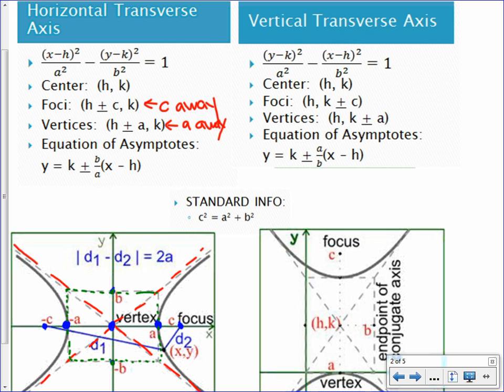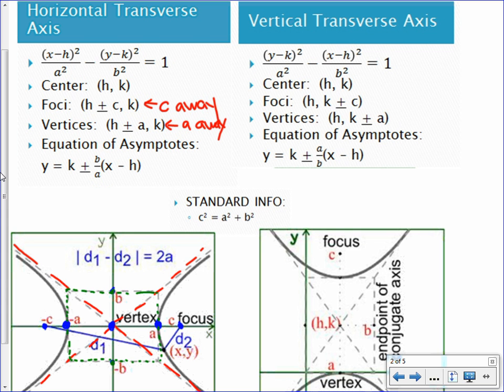A could be smaller than B here. That is not something that we need to look at. A and B could be the same, or one could be bigger than the other. That does not matter. The A squared always has to be with a positive variable.